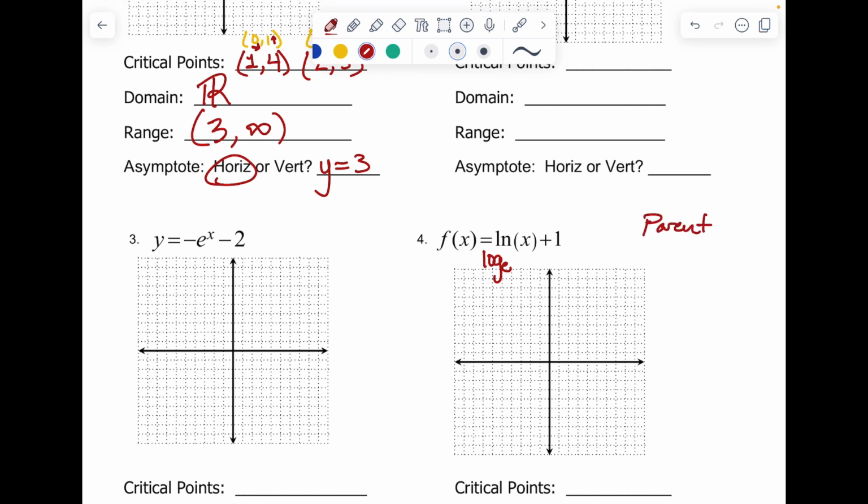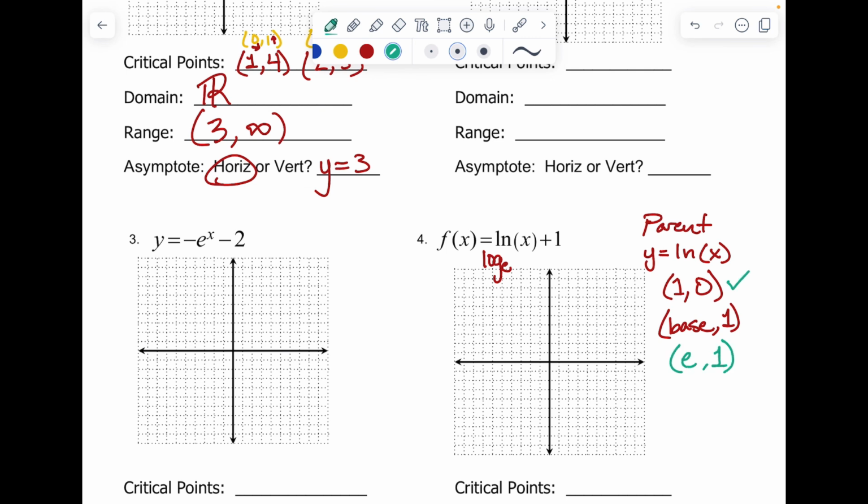Our parent would be y equals ln x, and our logarithmic critical points are 1, 0, and base, 1. Well, in this case, we just said our base is e, so we would have 1, 0, and e, comma 1.